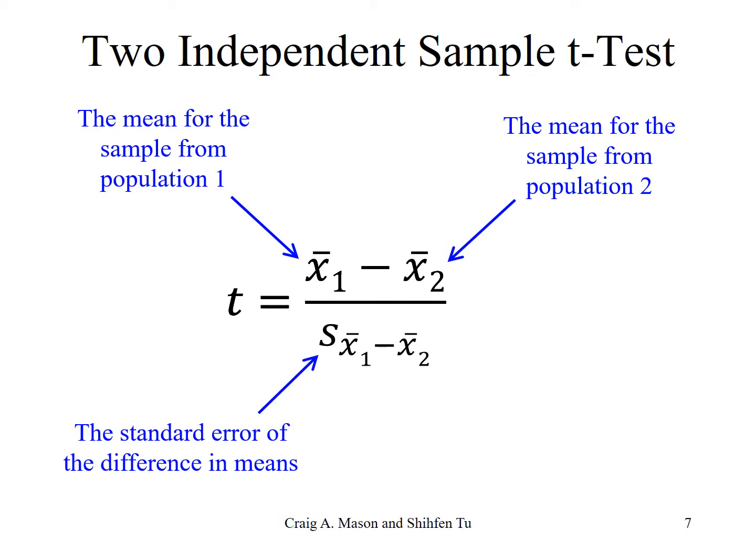The standard error indicates how large of a difference we expect to see between sample means given our sample size and the variability in our samples. In essence, the value of our t indicates how large the difference is in standard errors. This is how we test whether the means of the two populations are different.